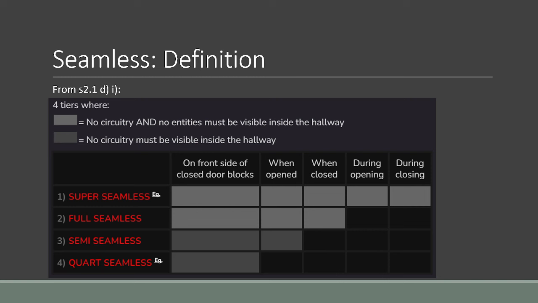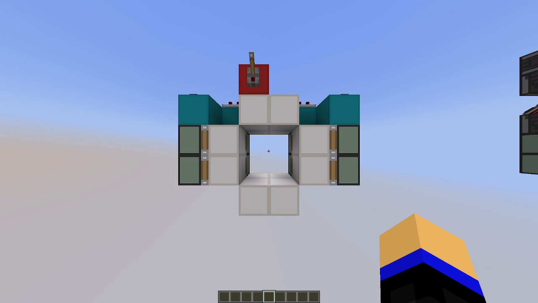And before we discuss deeper into the concept of seamless, let's actually take a look at some examples to consolidate our idea on seamlessness. Okay, so we have logged into the Minecraft world. So let's look at 4 doors and examine their seamlessness.